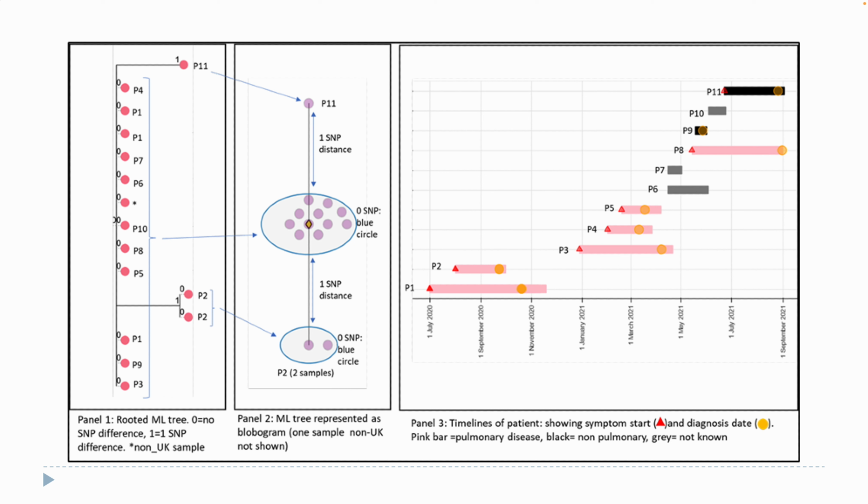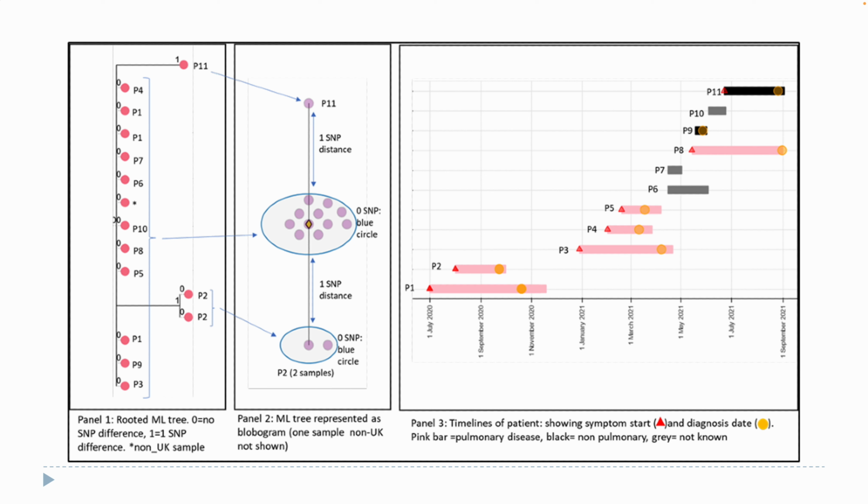And basically what they show there is you can make different trees, looking at how many variants are shared by different genomes and how many are different. And then you can create what you might call blobograms, where you look at those that are all the same and say, okay, so there's one that's one SNP different from those, but all the others are all related, and so forth.